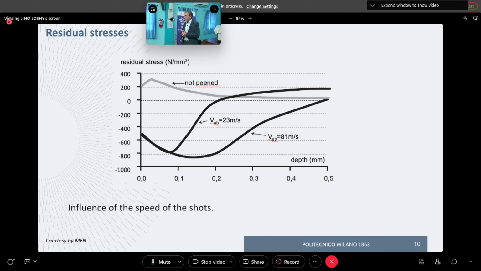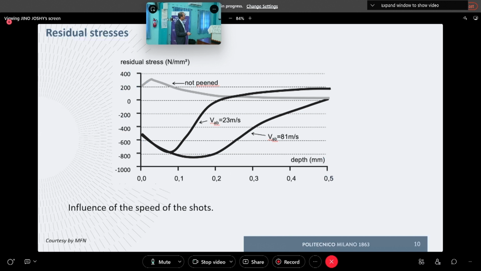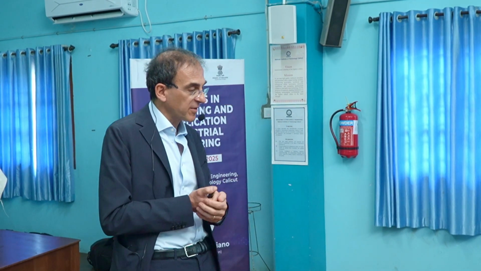This refers to the influence of the speed of the shot. Here we see the residual stress as a function of the depth, and we see the not peened situation with a residual stress that is slightly tensile and then goes to zero rapidly. And then we can see that the residual stress is strongly influenced by the velocity of the shot, so by the wheel turning rate, or by the pressure if we refer to air peening.